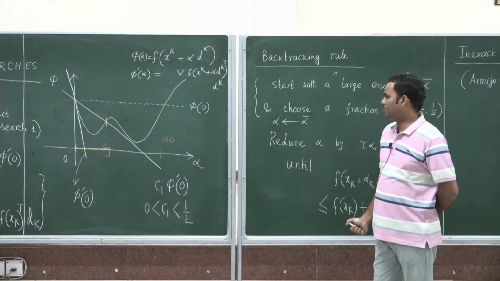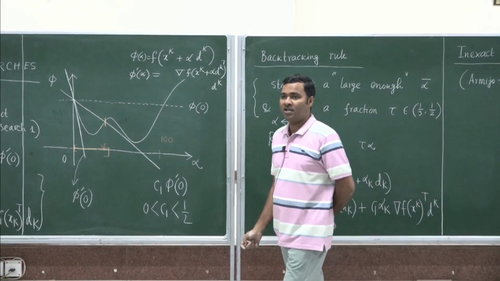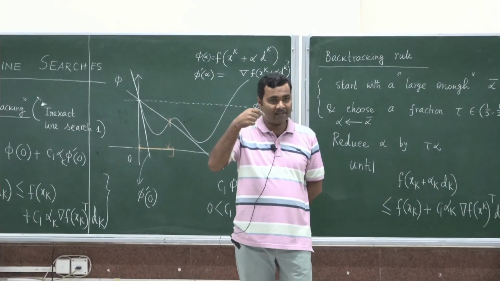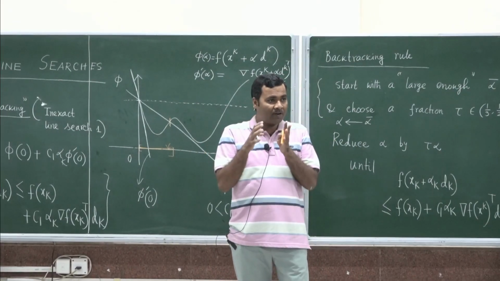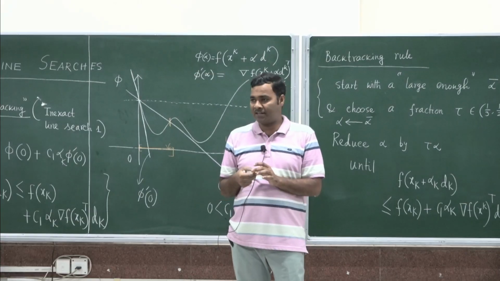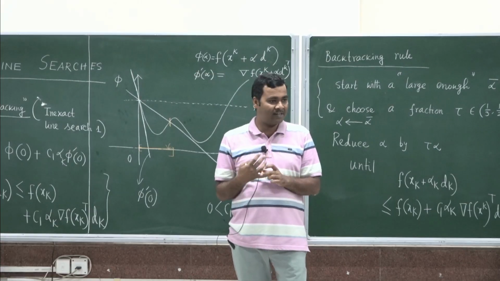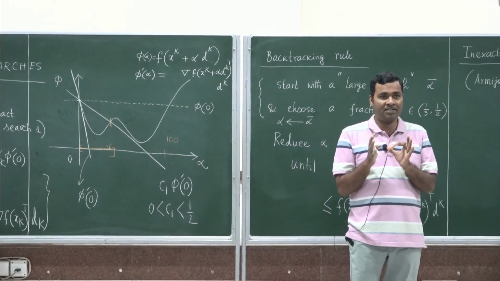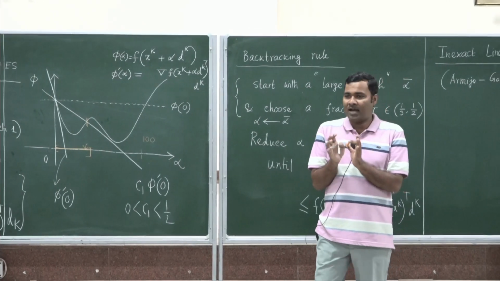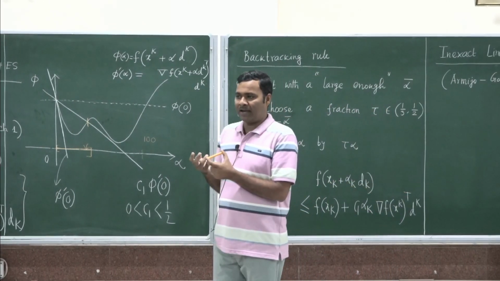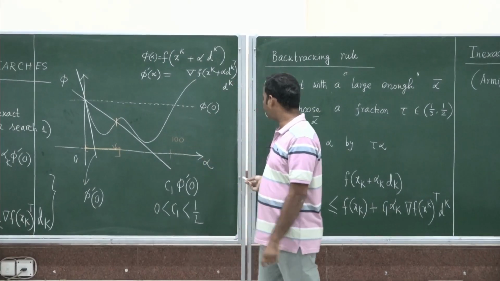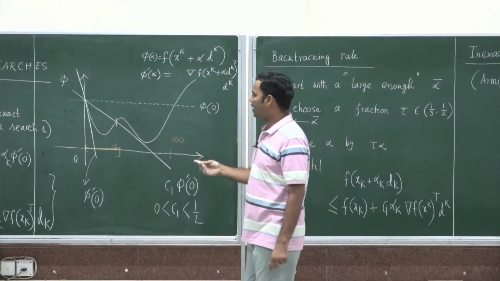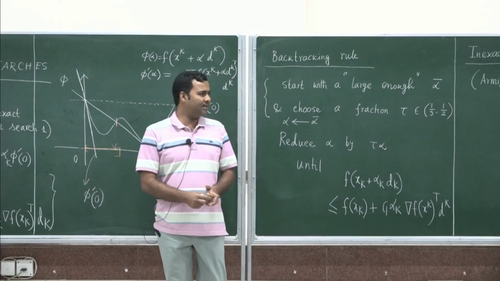But our major aim was not to solve any iterative process to figure out alpha k. The inexact line search method was trying to figure out some inequalities, and just by satisfying them, I will choose the value of alpha k. However, to avoid alpha k being very small, this backtracking is essential.